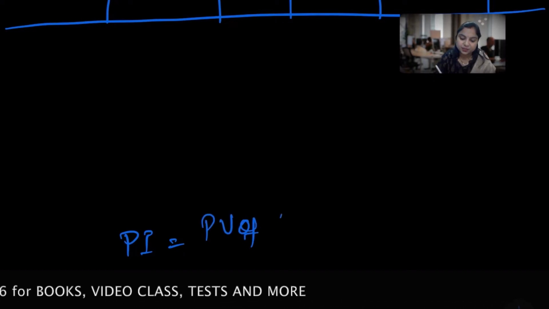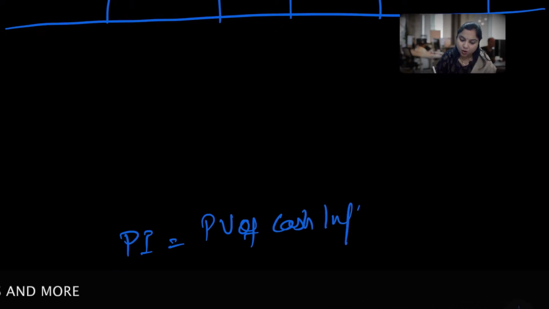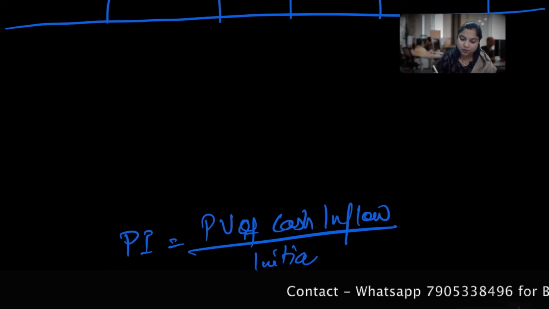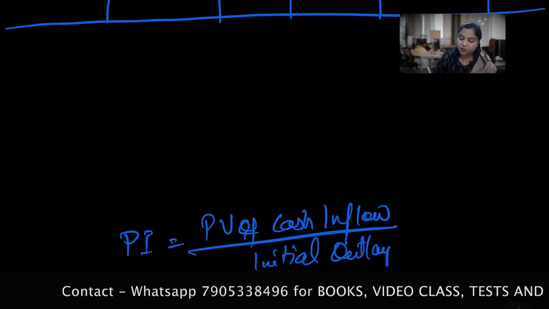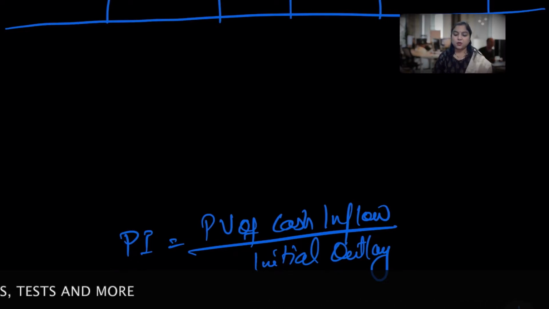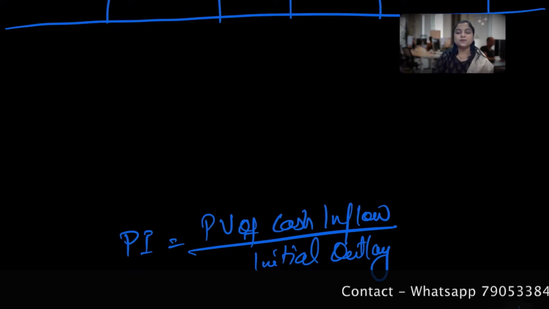For profitability index, what you'll do, present value of cash inflows which we have calculated in the last column divided by the initial outlay, and that's why now you can recall why I put the initial outlay into the table. So now please calculate your PI in case of all the projects.